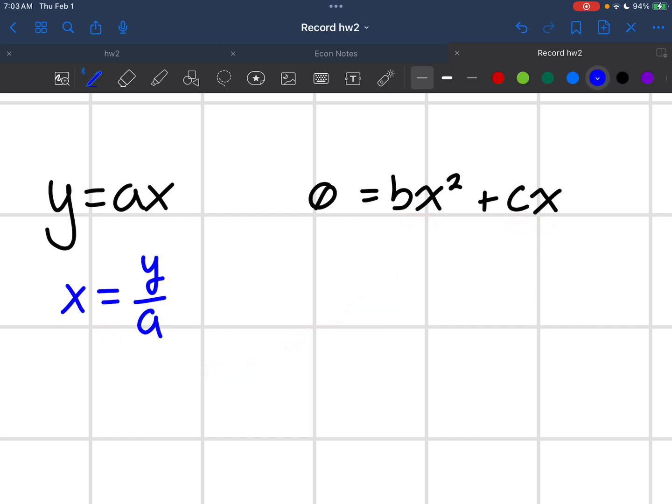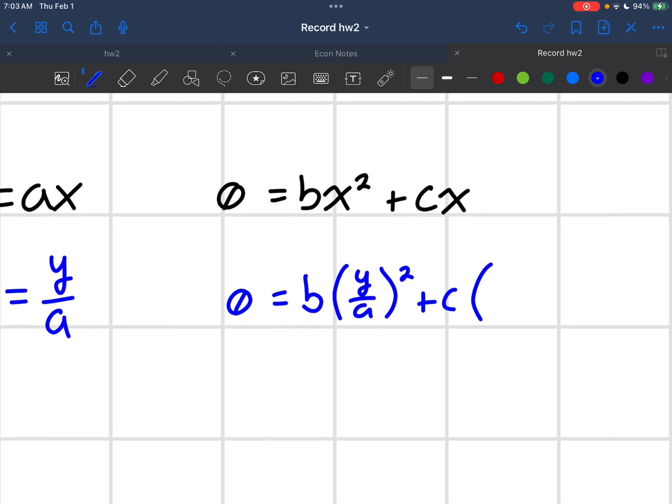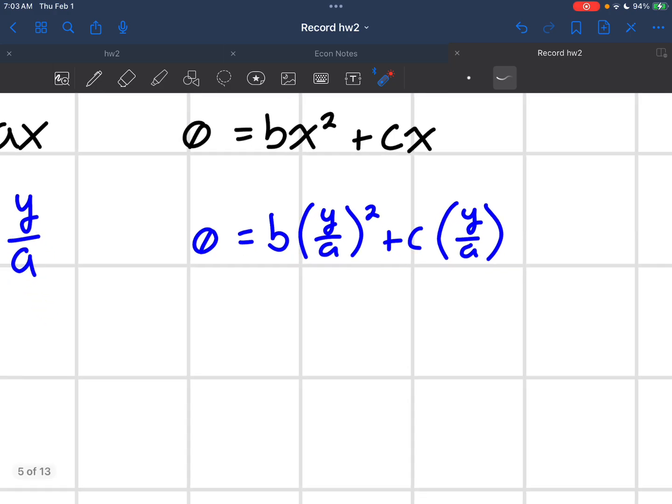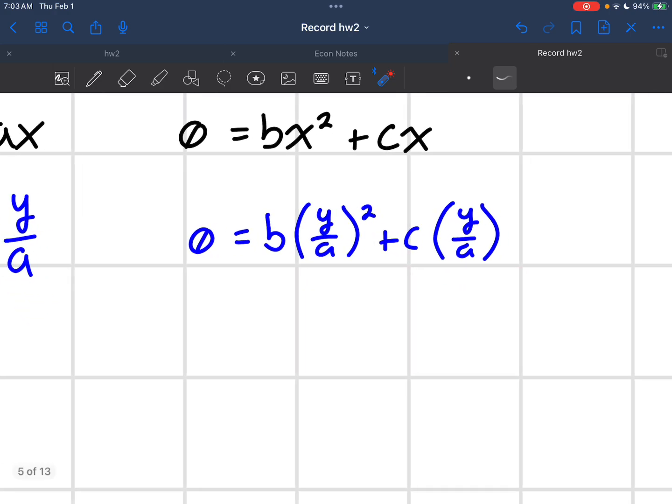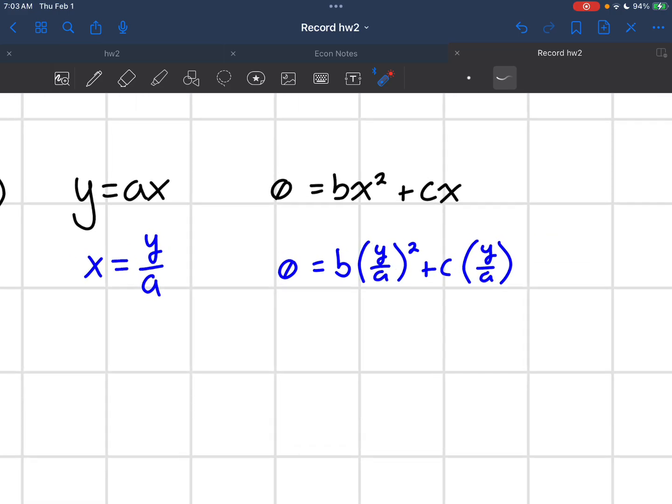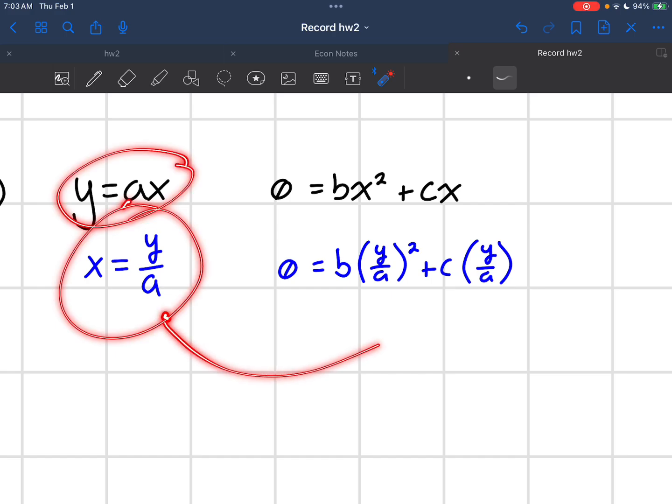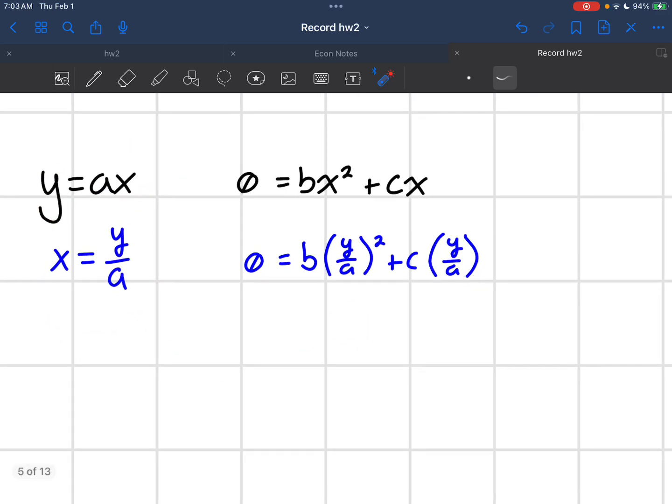All right, I'll be solving 0 equals b times y over a all squared plus c times y over a. Right. This is y squared plus c times y, so I'm solving a quadratic over here. And I could solve this quadratic either by factoring or using the quadratic formula. All right, so that's what I call my first 2 solutions, is I solve for x first in this equation and plug into my quadratic, and then I have 2 different ways of solving the quadratic.